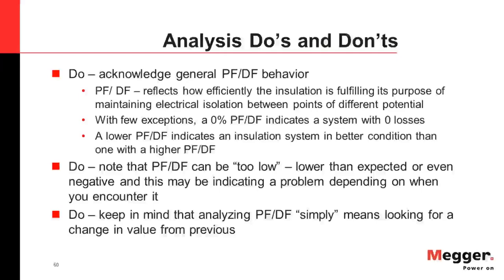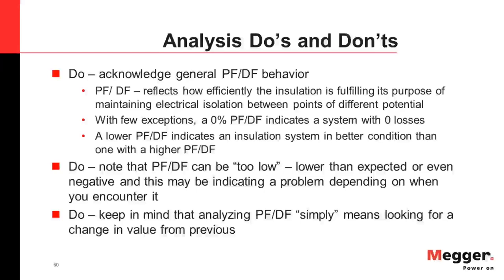And finally, do keep in mind that analyzing power factor simply, and I say that tongue-in-cheek, believe me, means looking for a change in value from previous. And why I say tongue-in-cheek is because when you do see a change in power factor, assigning a significance to that change is ridiculously challenging because of the limitations of an averaging index.